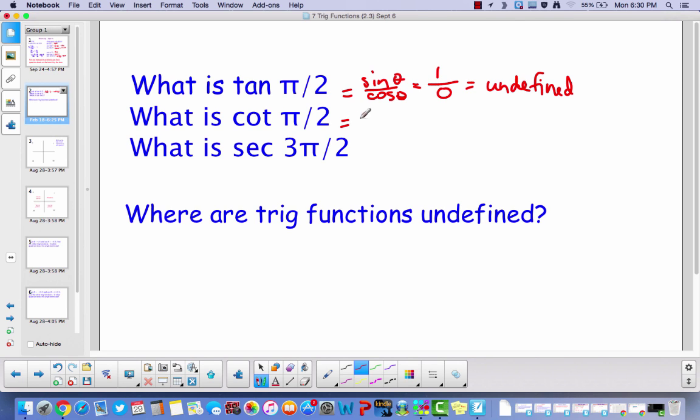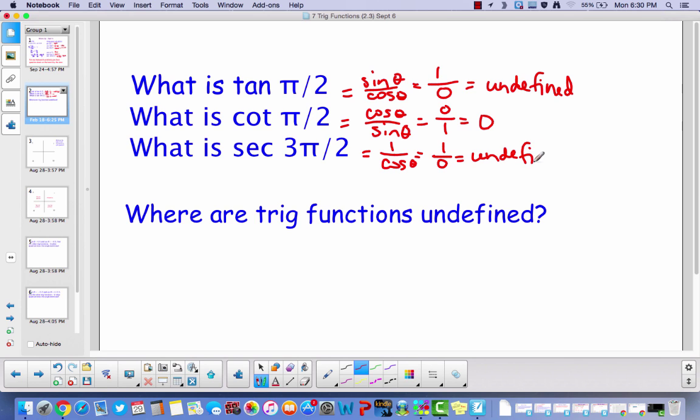Cotangent, remember, is cosine over sine, or 1 over the tangent, which in this case is 0 over 1, which is 0. Secant of 3 pi over 2 is 1 over the cosine. Cosine of 3 pi over 2 is 0, so we have 1 over 0. It's also undefined.